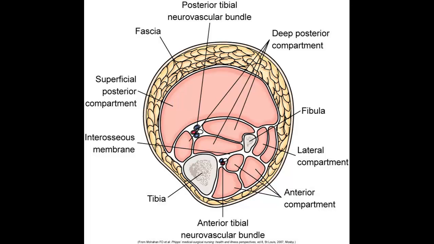So let's say we have an injury to the tibia in this particular patient. Well, in that compartment around the tibia, we can have swelling. Now the swelling is not able to swell out into the leg as a whole; it's swelling in that compartment. Let's take those deep posterior compartments.